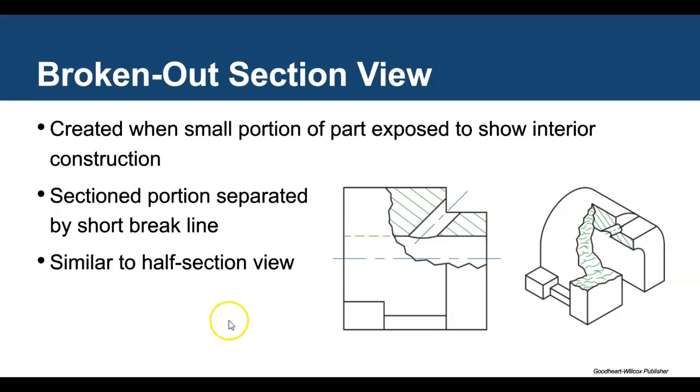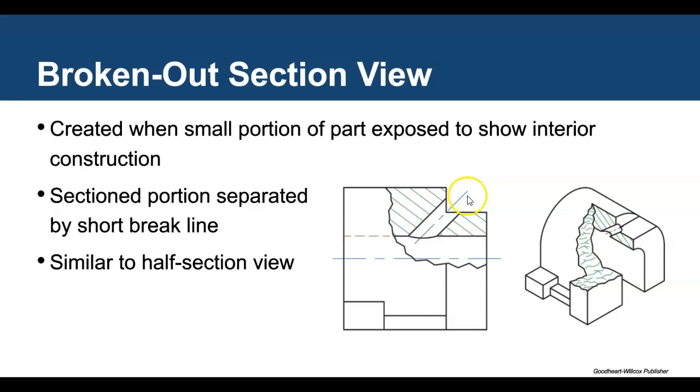Our broken out section view uses some additional short break lines. So it is again used to show the interior construction and expose some of the parts that we want to see. This gives you a representation of the isometric. We're more or less just cutting out this part right here so that we can see and view this surface.